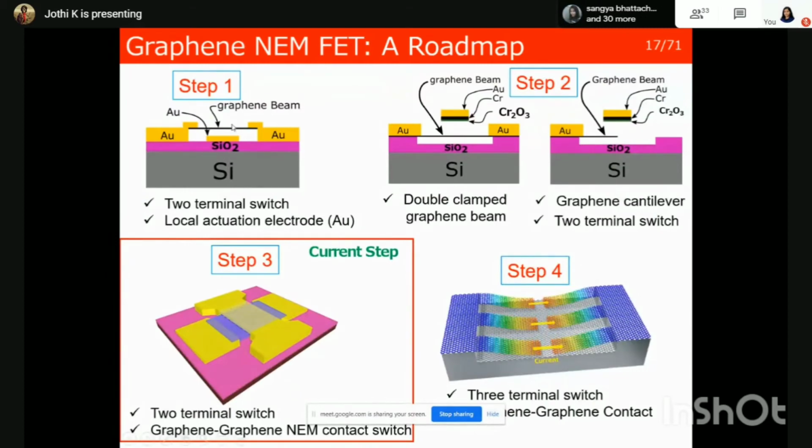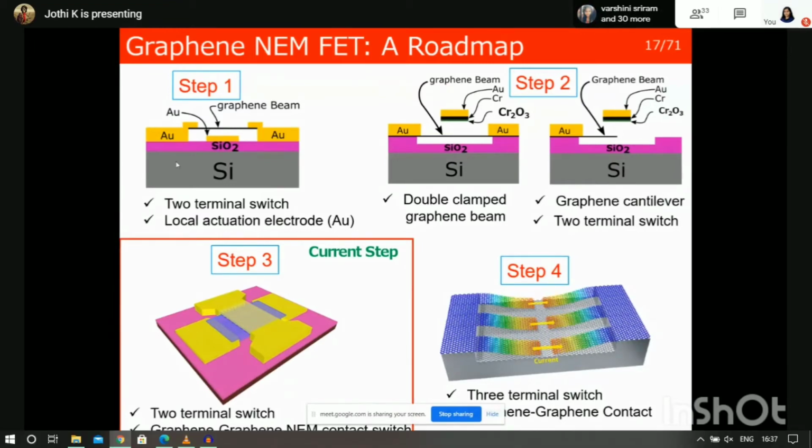This next one is again a very simple structure, but with a little bit of modification. And this is the 3rd step, which is the step I contributed, and there is a 4th step. The project is already done, and we actually produced the 3-terminal switch. It's already published in Nanoscale.